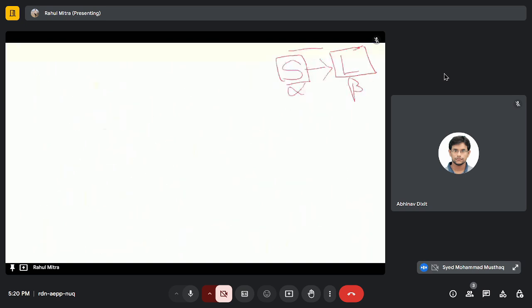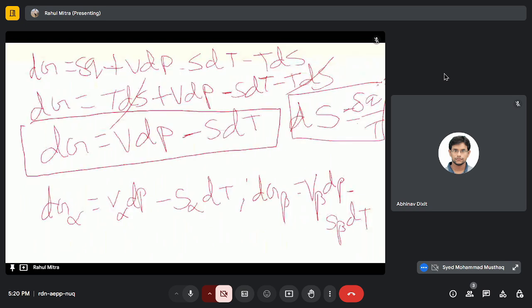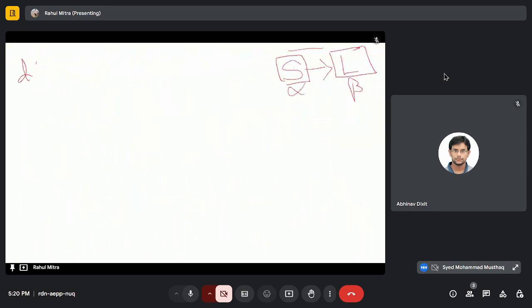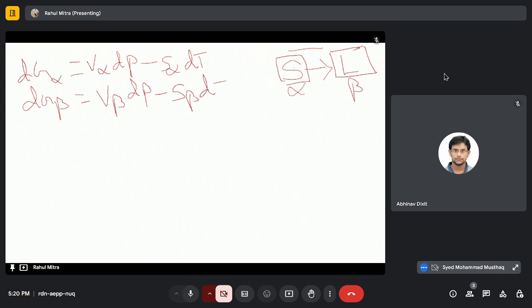Let's continue. Let's write the change in free energy of alpha: dG alpha is equal to V alpha dP minus S alpha dT, right? What about beta? That is dG beta equals V beta dP minus S beta dT.